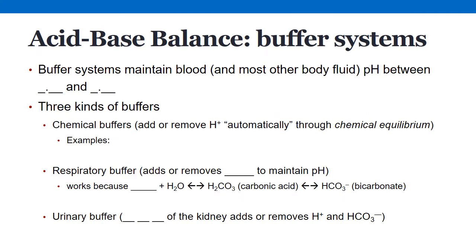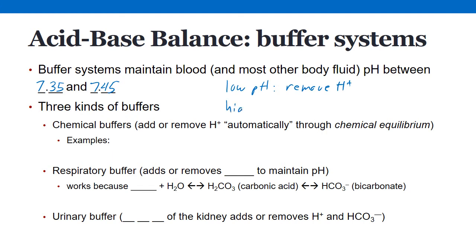The way your body maintains that tight pH range between 7.35 and 7.45 is to use what we call buffer systems. When you have a low pH, that is a very acidic solution, the buffer system will react by removing H plus from the system.